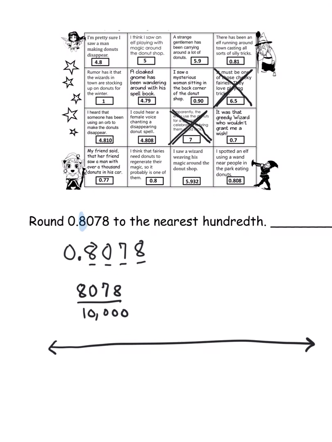So here's my tenths place, here's my hundredths place, and the next door digit, which is the thousandths place, will help me round that. Since I'm rounding to the nearest hundredths place, I'm trying to figure out if my number is closer to 80 hundredths or if it's closer to 81 hundredths.